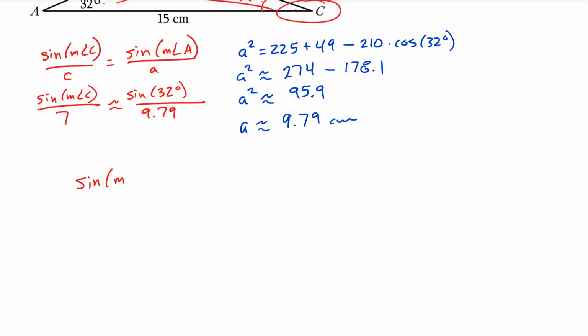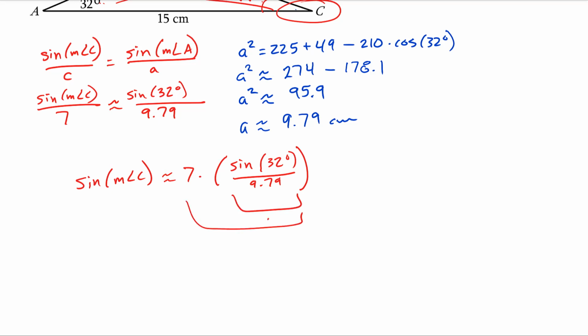So then the sine of the measure of angle C will be approximately, we'll multiply by 7 times the value of the ratio. So now grab your calculator, figure out what the value of that ratio is, multiply it by 7.